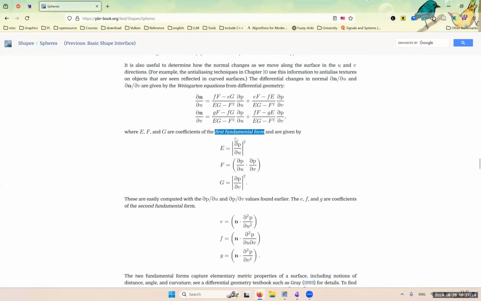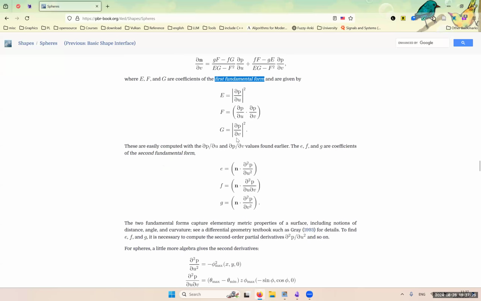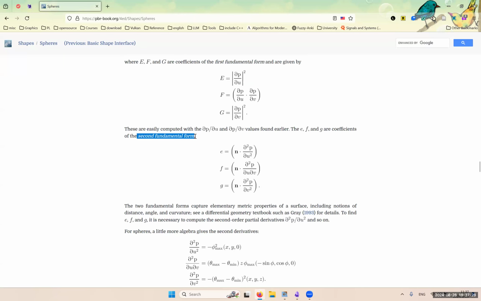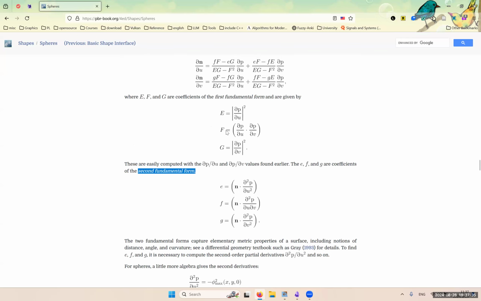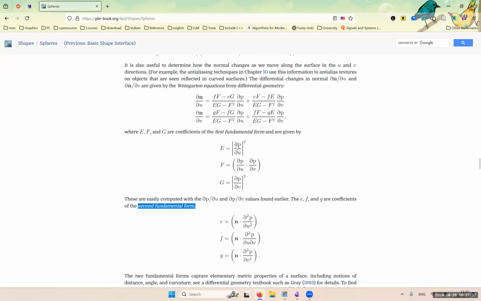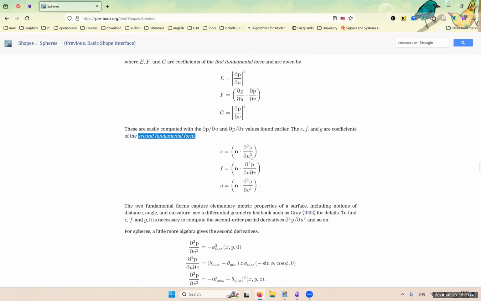And the second fundamental form. Yeah, we have those partials. We don't have those though.